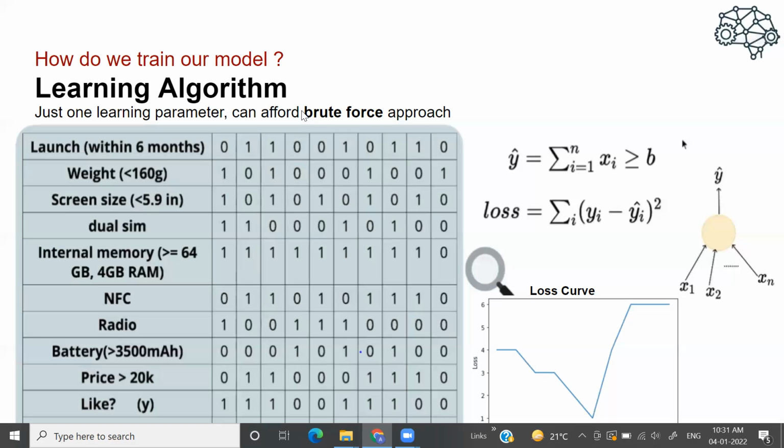We are seeing the MP neuron, but till now people use the brute force approach for training an MP neuron model. Now let us see what this brute force approach is. So we have to identify this optimal value of b. What is the lower cap of this threshold value? Can anybody tell me what is the minimum value the variable b can take? 1.